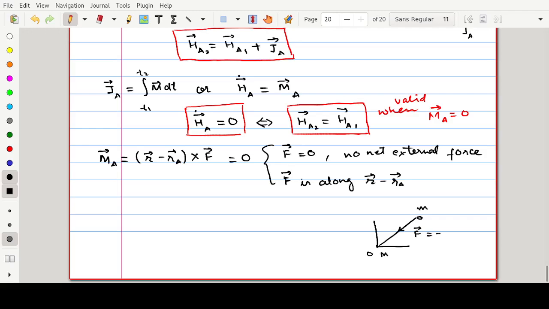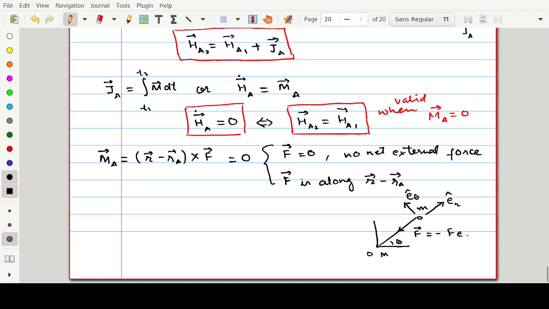If I put this as theta and choose a cylindrical coordinate system, with e_r and e_theta, the force is in the negative e_r direction.